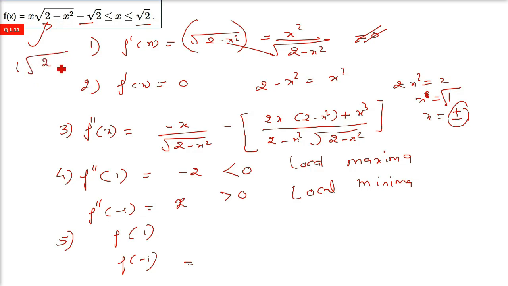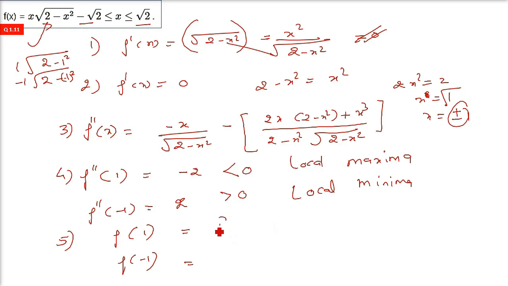That means we are replacing x by 1 and then negative 1. You can see here I am writing 1 and negative 1, and those values are the actual value of the function at these critical points, which is of course the y point, because y is equal to f(x).